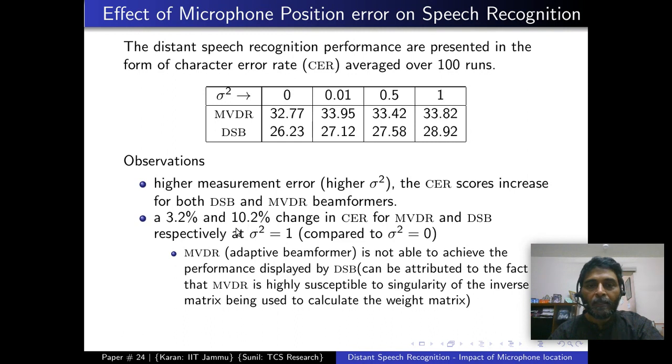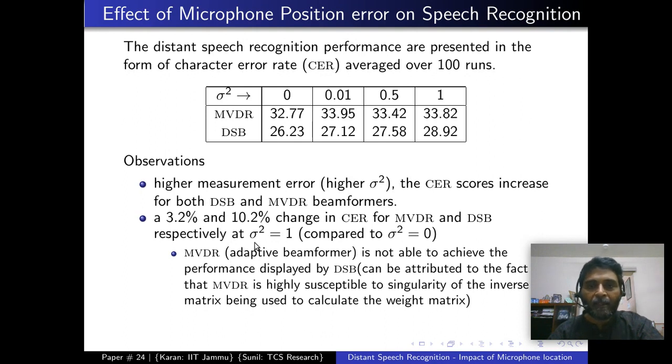The common observation is that the character error rates for both the DSB and the MVDR beamformers get higher as there is an increase in the microphone location error. If you do the computation, you see that for MVDR there is a 3.2% change, while for DSB there is a 10.2% change.